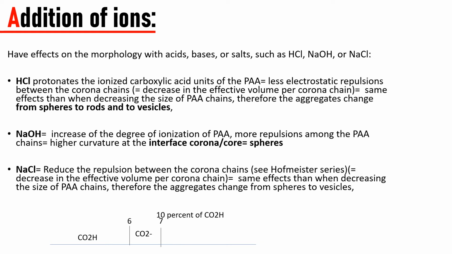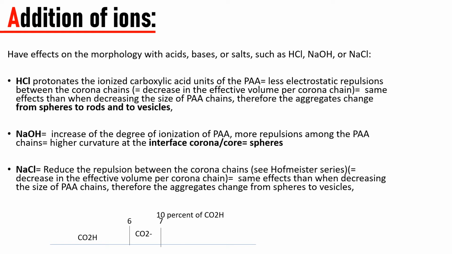HCl protonates the ionized carboxylic acid units of the polyacrylic acid, which leads to less electrostatic repulsion between the corona chains and a decrease in the effective volume per corona chain. It has the same effect as decreasing the size of the polyacrylic acid chains. Therefore, the aggregates change from spheres to rods and to vesicles.